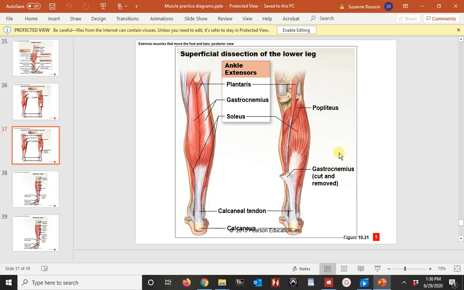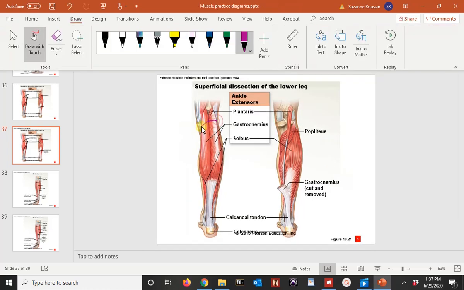They say it like that just in order to remember how to spell it. So here's your calf muscle back here, your gastrocnemius, and that's the whole ball underneath your knee.